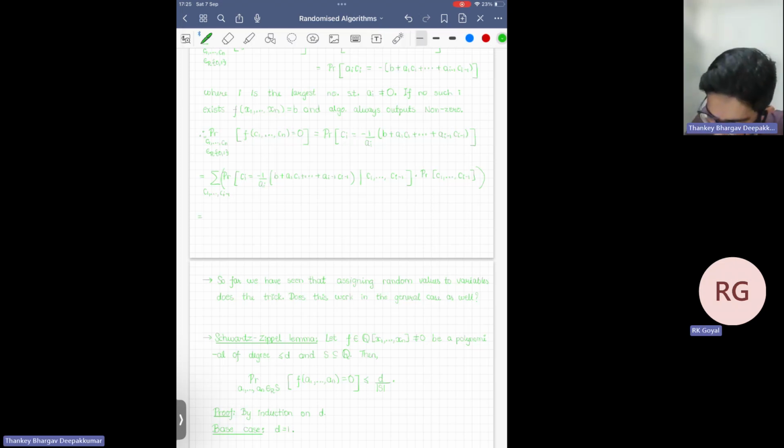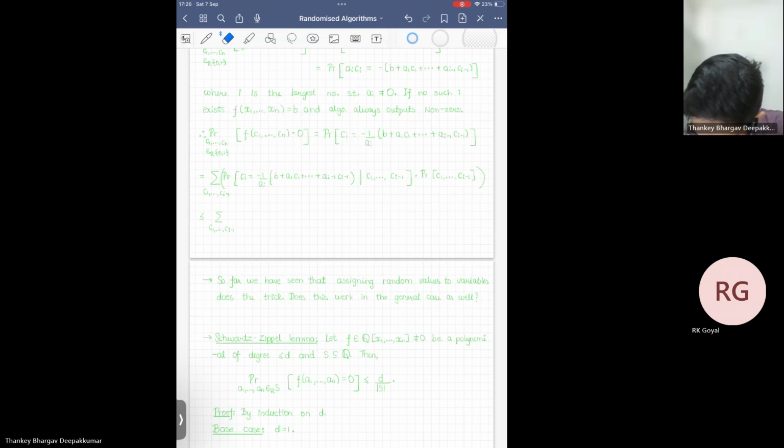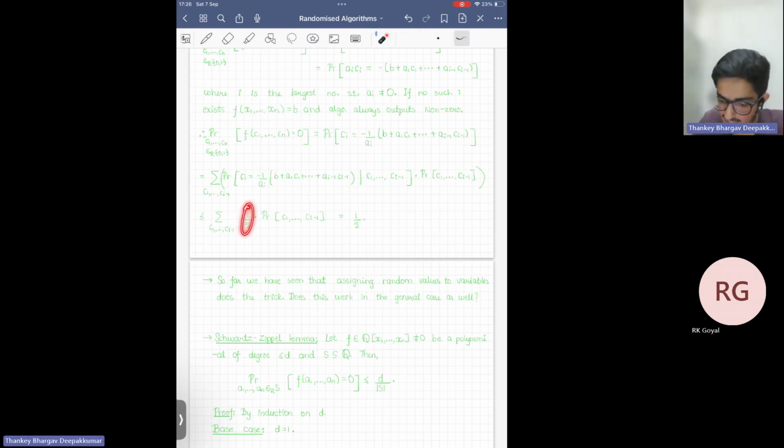Now we saw that this is going to be at most half. And this is half because I can take this half out common, and this sum is just one.